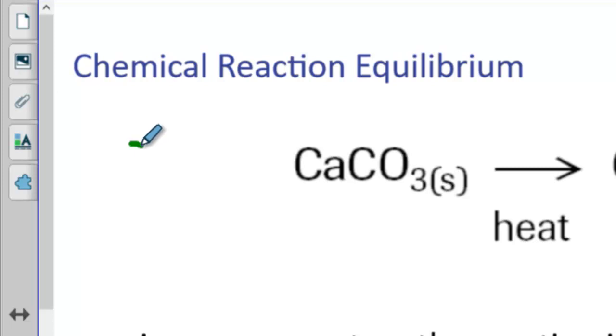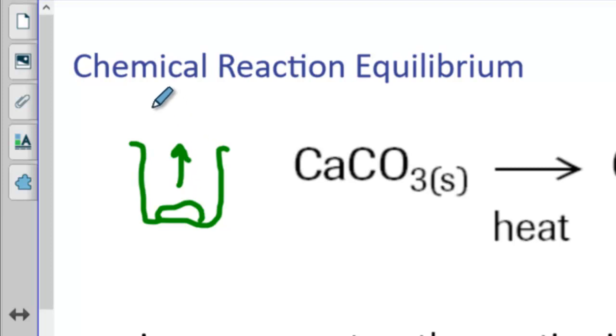If you take some calcium carbonate and put it in a beaker, and then you heat that calcium carbonate, it will turn into calcium oxide and CO2. That will happen, but that reaction will go to completion.